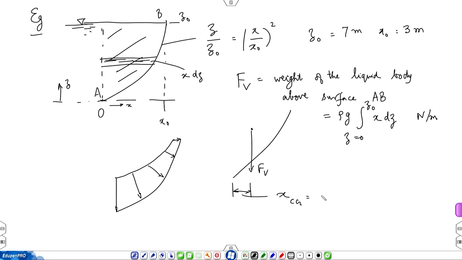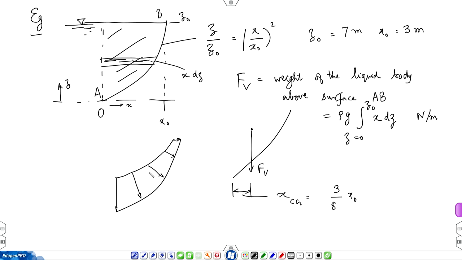C g of this centroid turns out to be 3/8 x 0. So, standard result I picked up from some mathematics handbooks. Okay. So, this is a shortcut calculation for finding F v without having to integrate the pressure distribution.